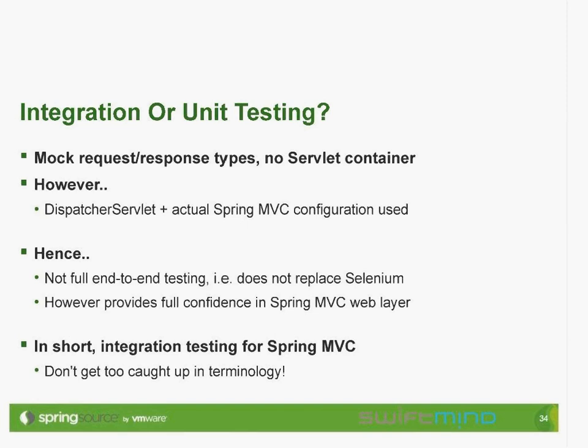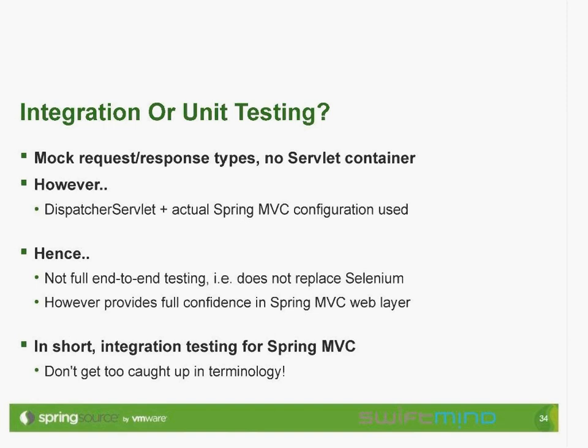And of course, there is a degree of overlap. If you're writing Selenium tests and if you're writing Spring MVC tests, you might say, well, I may just write Selenium tests. That's fine, although I think that the strategy of having separate Spring MVC web layer tests is a good one. It tends to work well, and it's similar to having dedicated database integration tests when you focus on testing the database layer separate from other layers.